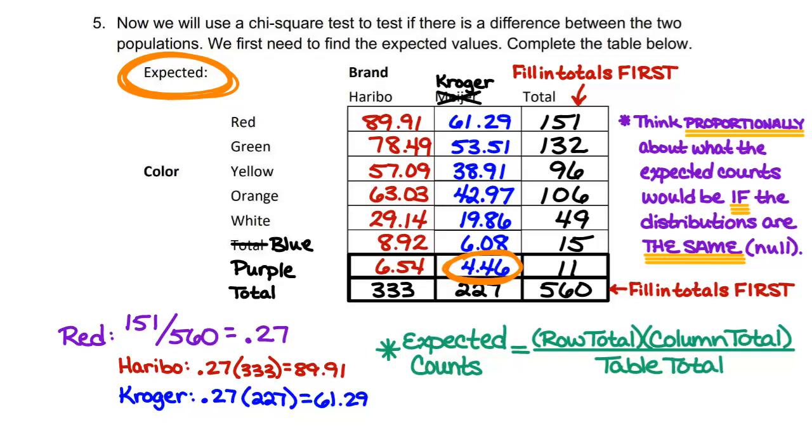Now I'm going to start back up at the top of the list with Kroger, 61.29 for Kroger red. 53.51 for Kroger green, 38.91 for Kroger yellow, 42.97 for orange, 19.86 for white, 6.08 for blue, and 4.46 for purple.